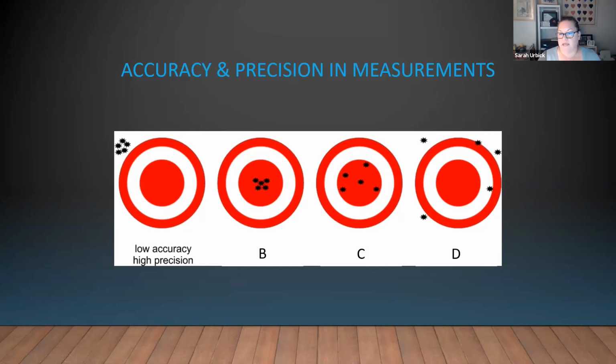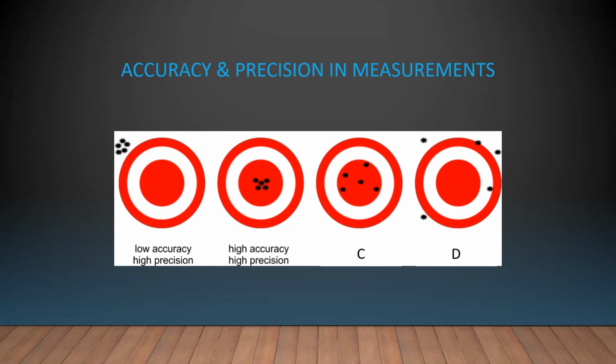What would we say about B? Okay. High precision, high accuracy. Correct. Okay. That's what everybody's going for. That's what we all want when we go out shooting. Okay. What about C?